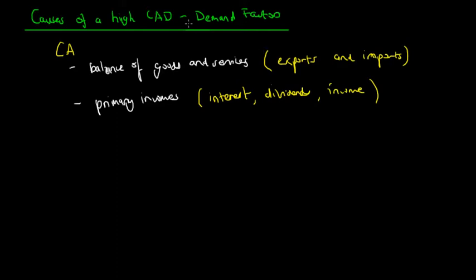So what we're going to focus on is the demand factors that may lead to a high current account deficit. So we know that the current account consists of the balance of goods and services. And we know that aggregate demand is also a component, C plus I plus G plus net X. We also know that exports and imports are a component of aggregate demand.